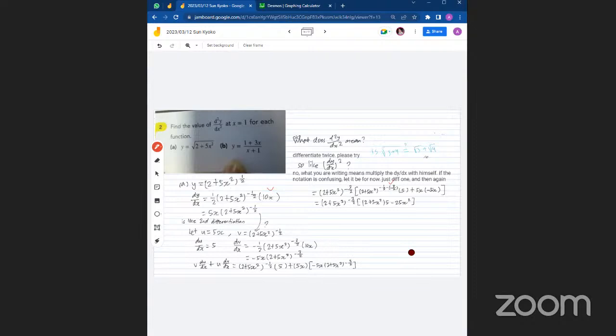It will be very simple, the part inside. You shouldn't stop here. You're doing a very good job already. Yeah, excellent job. You shouldn't stop here. You should simplify even more. Then you can check the answer.